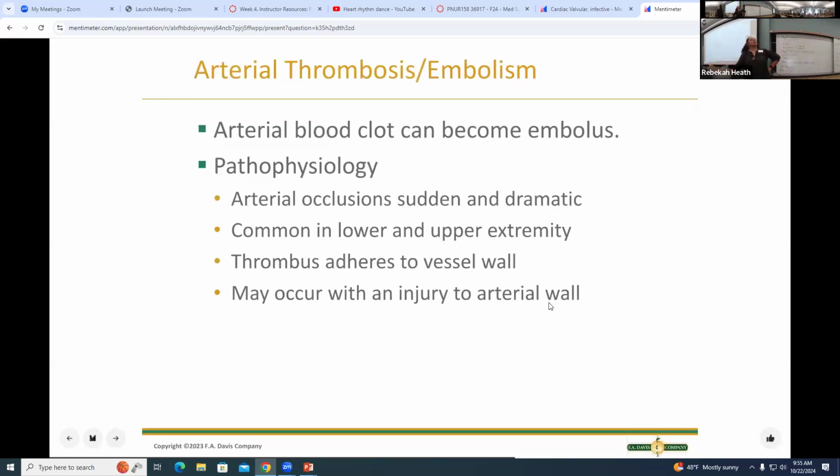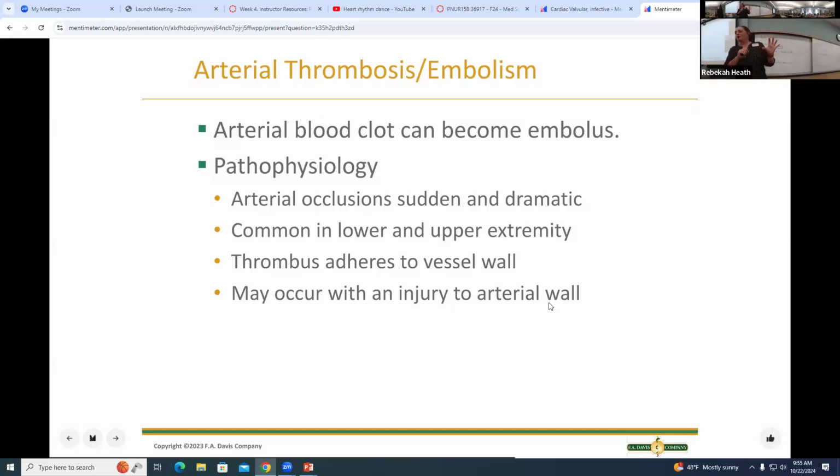So arterial thromboembolism or embolism. Let's break this word down a little bit. Throm, what does throm mean? It usually means clot, like a thrombus, it's a clot. And embolism is where something is blocked off.